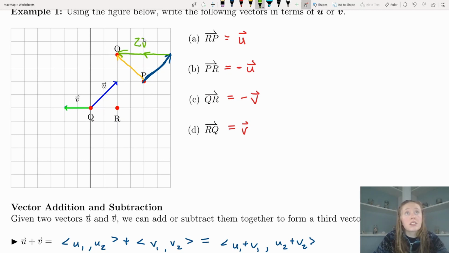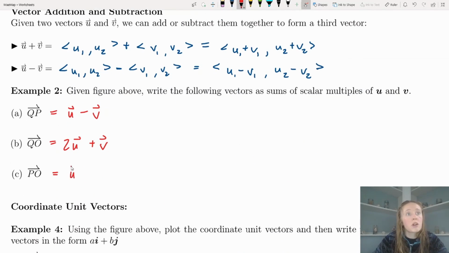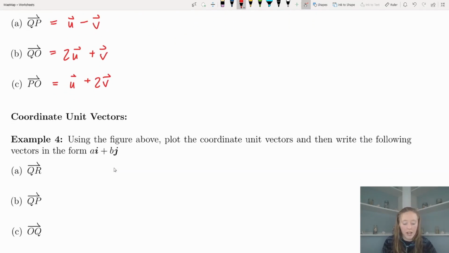So 2 times vector v plus 1 of vector u will go from point P to point O. So u plus 2v.